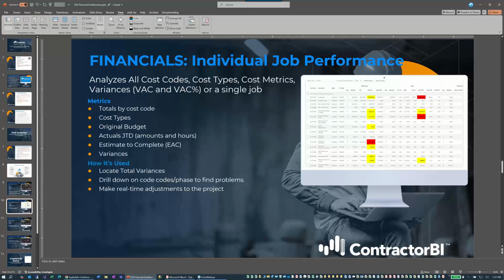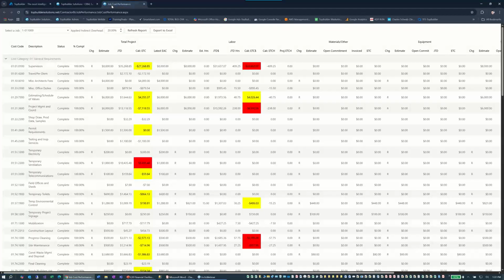What was your original budget? What is your actual spend? What is your estimate at completion? Are we going to go over or not? What are our variances? And if you find them, we hope you take action immediately on those jobs.